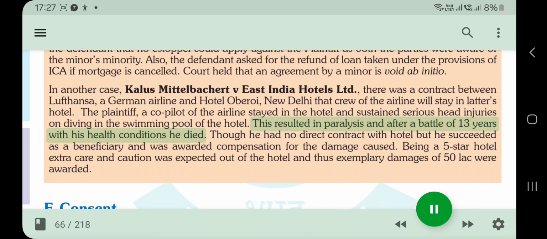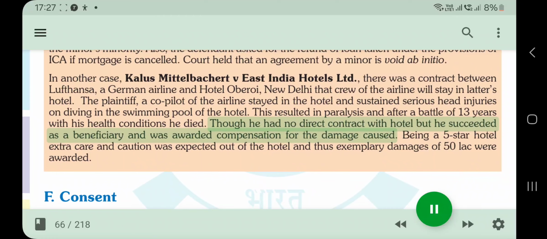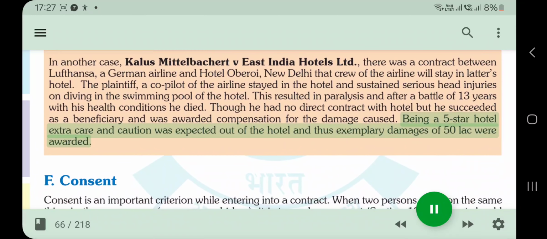This resulted in paralysis, and after a battle of 13 years with his health conditions, he died. Though he had no direct contract with the hotel, he succeeded as a beneficiary and was awarded compensation for the damage caused. Being a 5-star hotel, extra care and caution was expected of the hotel, and thus exemplary damages of 50 lakh were awarded.